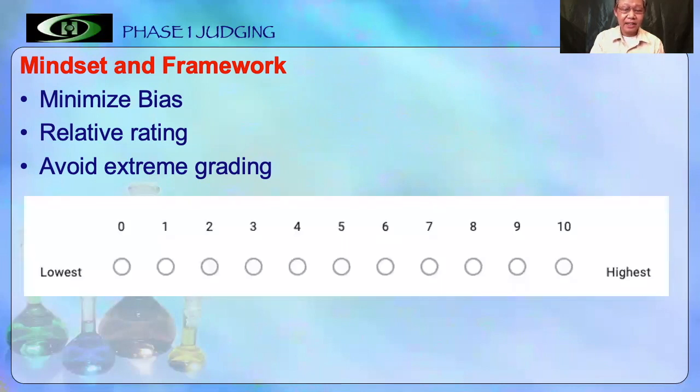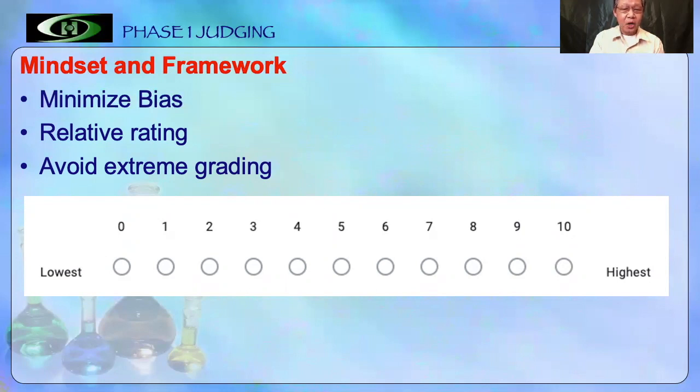So with that said, you're going to rate the projects according to 5 areas, and those 5 areas are further divided into 2 subcategories. Each area is worth 20 points, but each category is worth 10 points. So you're going to rate them from 0 to 10.